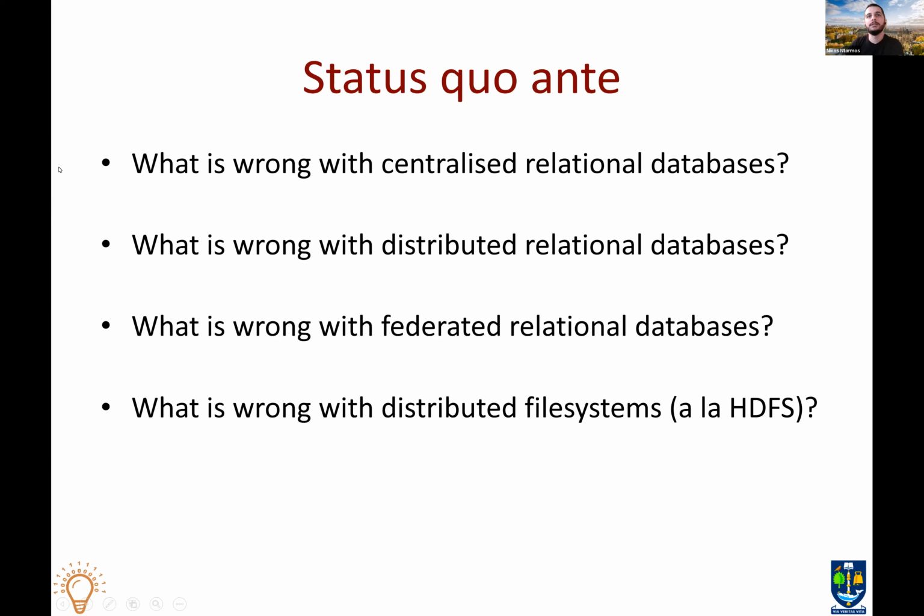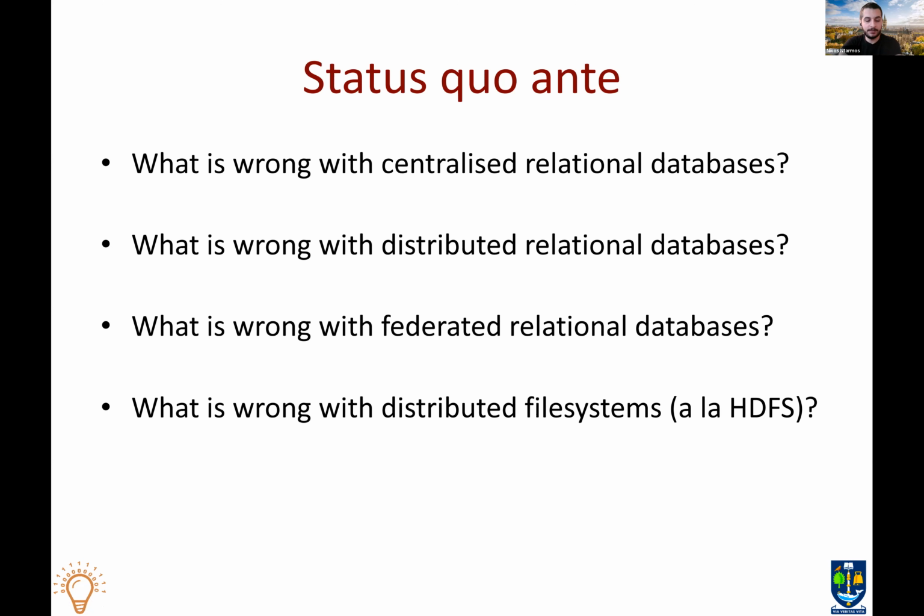What's wrong with the centralized relational databases? We sort of alluded to that in the very first lecture. Relational databases come with a set of design decisions that hurt performance when you go at this big of a scale.